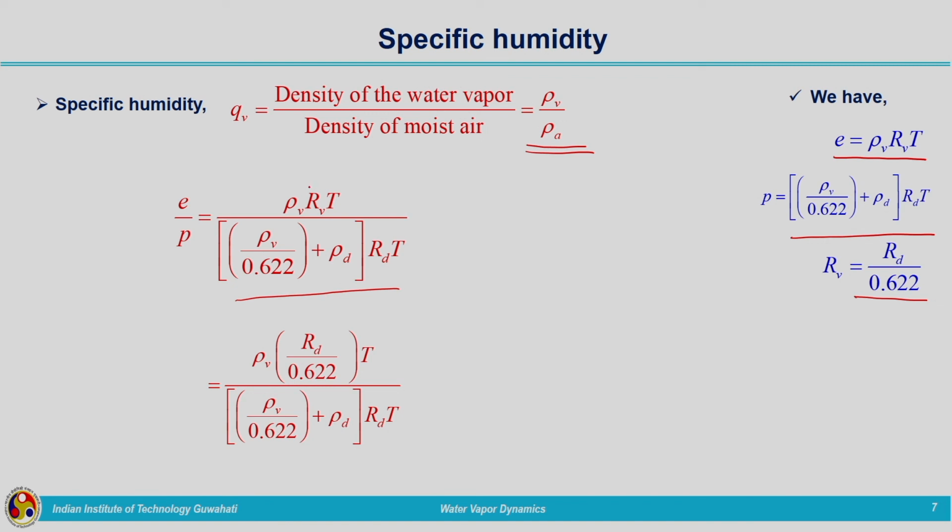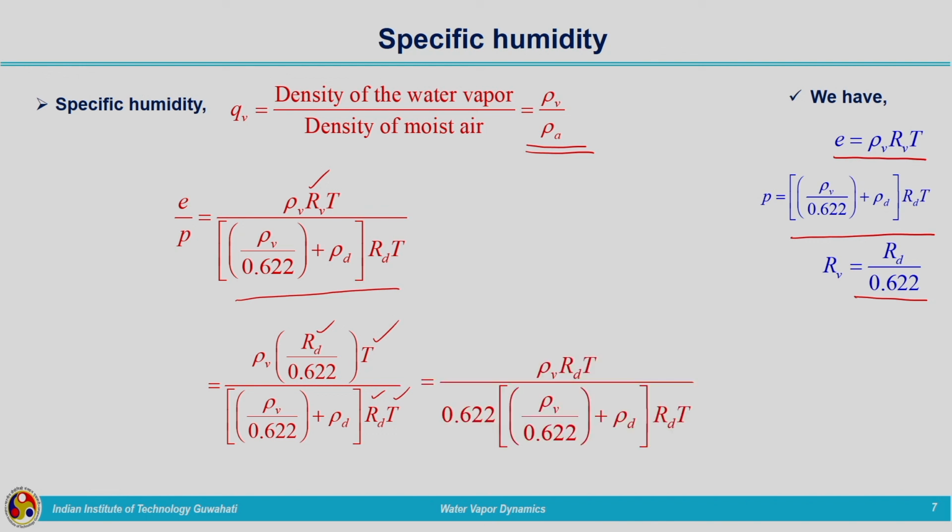Now we have Rd T in the numerator and denominator, and that gets cancelled. So this is the expression we have now: rho v Rd T divided by 0.622, over (rho v divided by 0.622 plus rho d) Rd T.